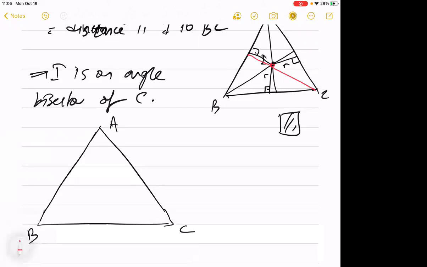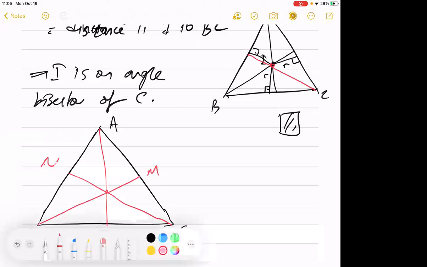The angle bisectors are AL, CN, and BM, and they pass through the same point.